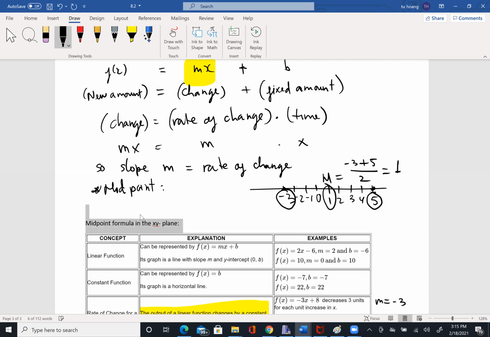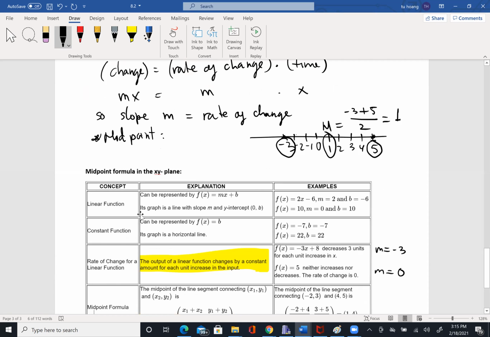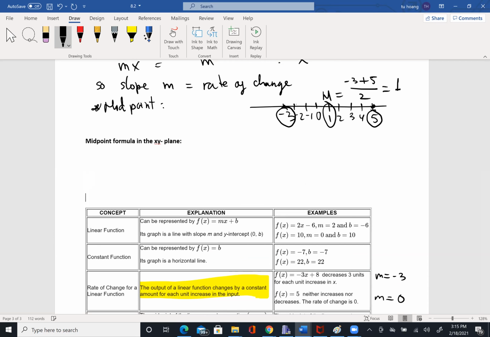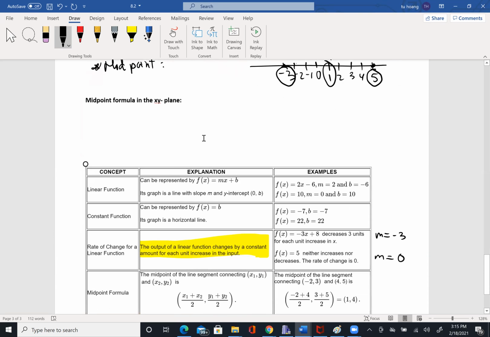The midpoint is a point, and since it is a point, it should be a coordinate as (xm, ym), like all the pairs, you remember that.